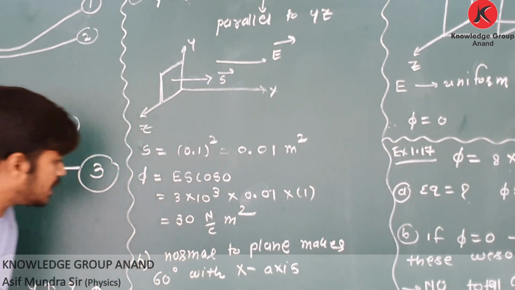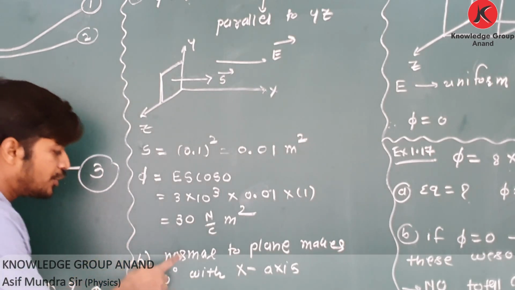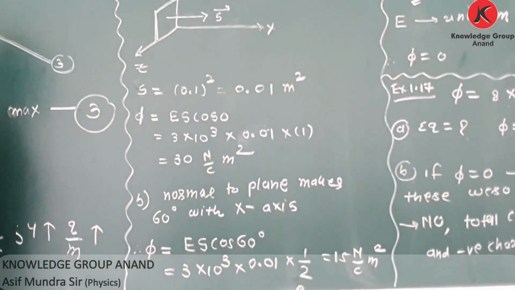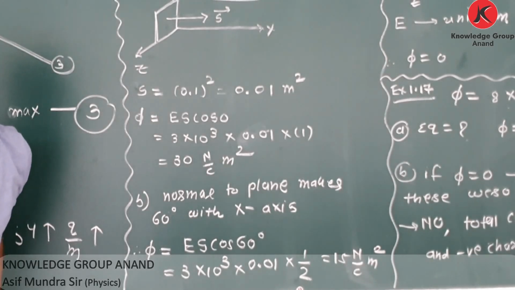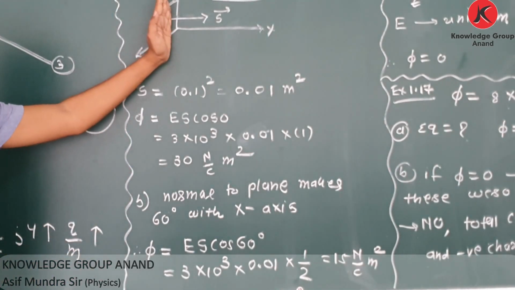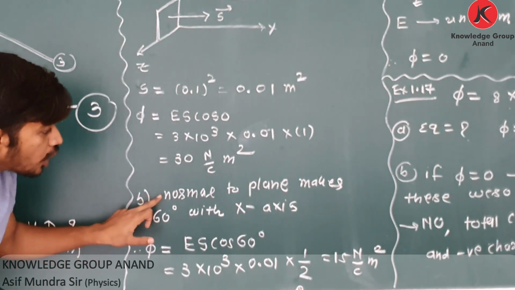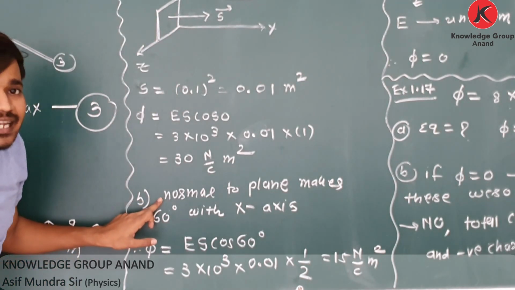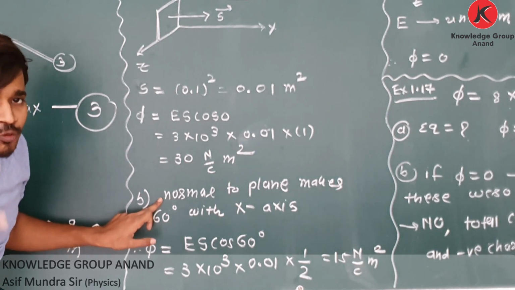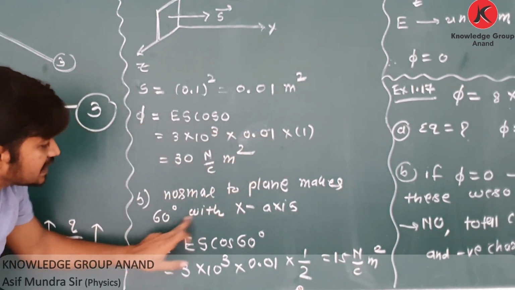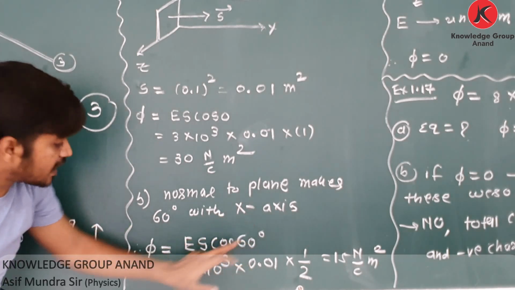Now what is question B? If the normal to the plane makes 60 degrees with the x-axis, it means this plane is rotated. Normal to the plane means the area vector. The area vector makes 60 degrees with the x-axis, that is, with the electric field.